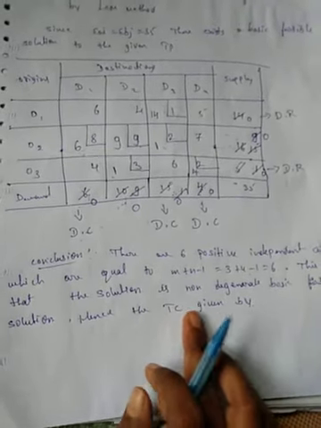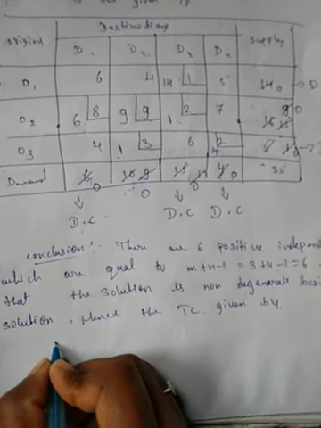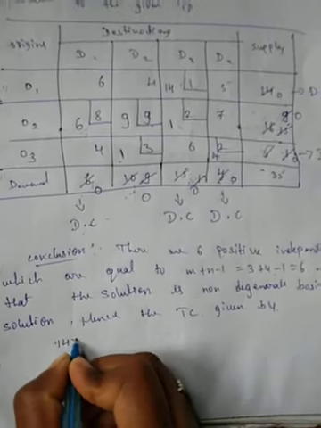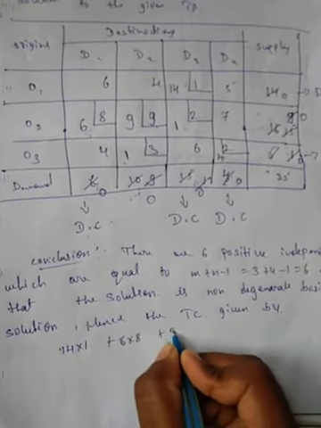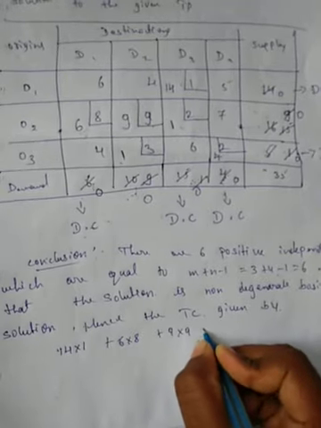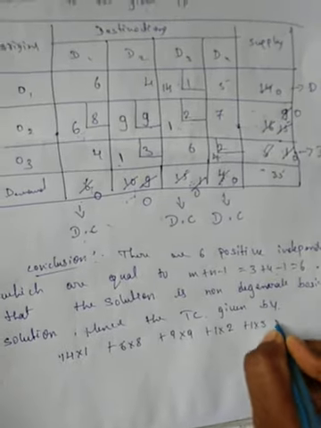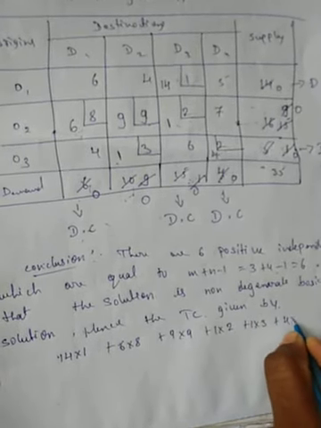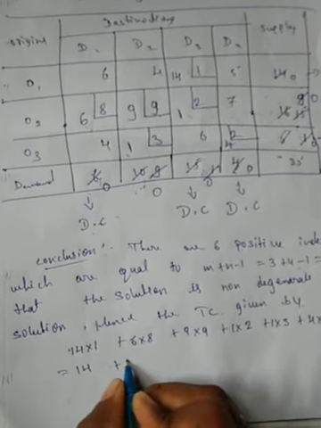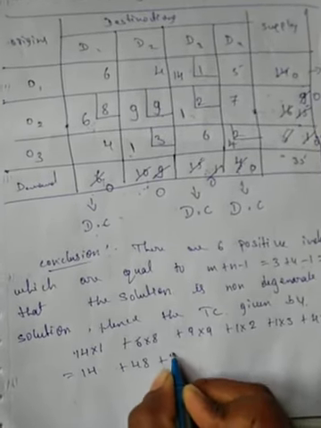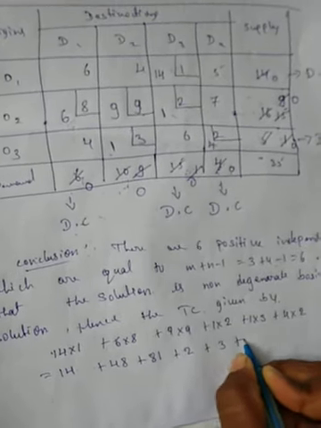Hence the transportation cost is given by the following allocations, that is 14 into 1 plus 6 into 8 plus 9 into 9 plus 1 into 2 plus 1 into 3 plus 4 into 2, 14 plus 48 plus 81 plus 2 plus 3 plus 8.